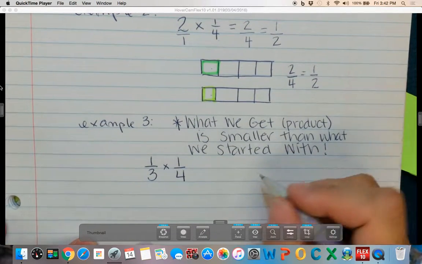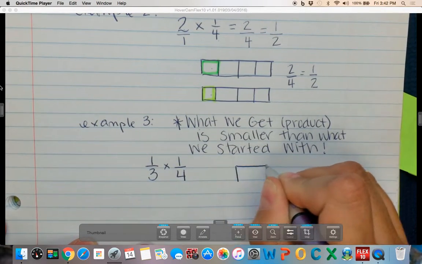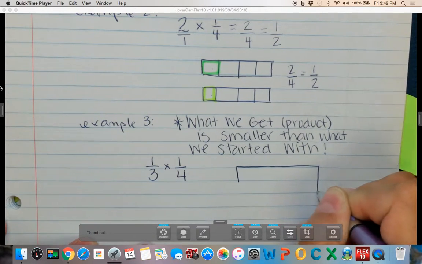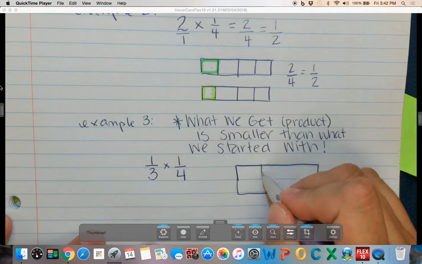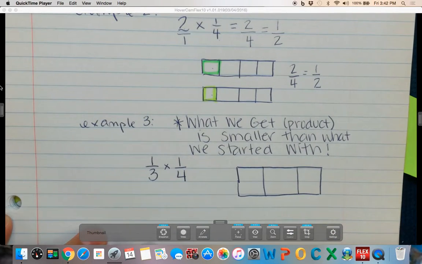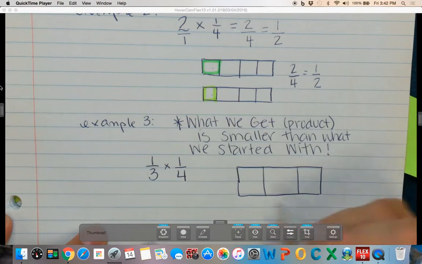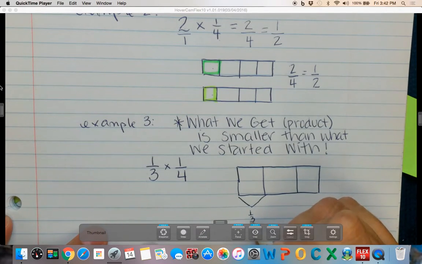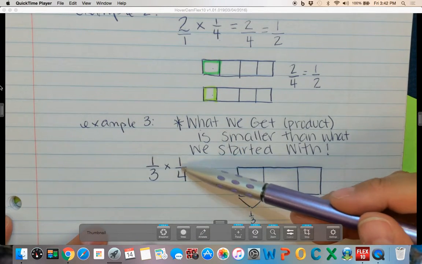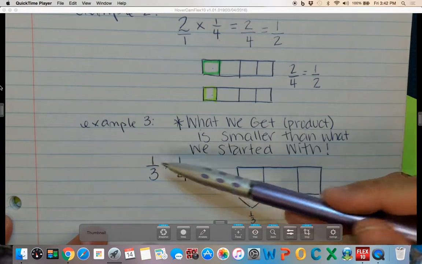So I'm going to start again with a box that has 3 pieces. That's what it's telling me. I'm going to focus on only that 1/3 box at the end. But it wants to know how many 1/4 pieces are in that 1/3 box.